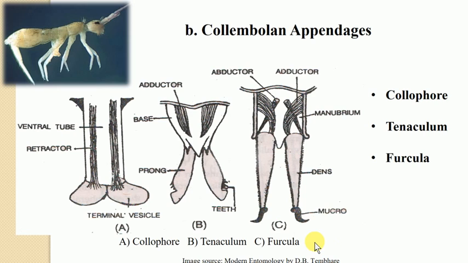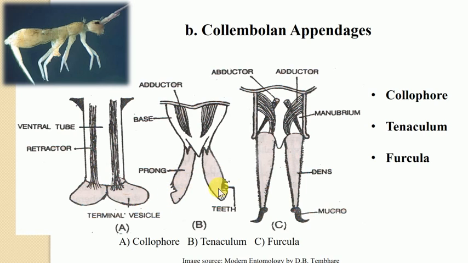Now this organ consists of a basal corpus region. So this is the basal region which is known as the corpus, and distal paired processes. These distal paired processes are referred to as the rami. So these are the rami, and the rami contain teeth on their outer margin.